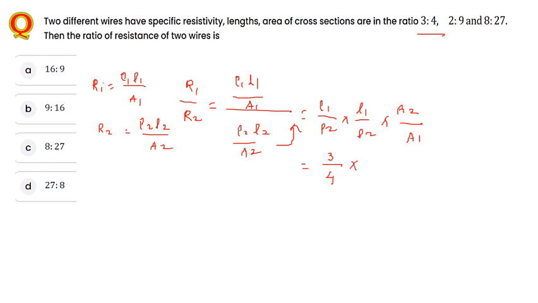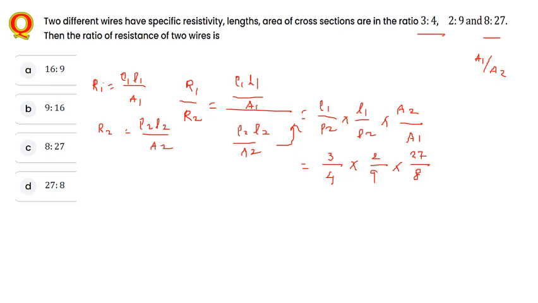For L1 and L2 they have given 2 by 9, and the third one, the area of cross section, they have given as 8 is to 27, but here we have to write this as 27 divided by 8. What they have given is A1 by A2, but what we are using here is A2 by A1, so I just reversed it.